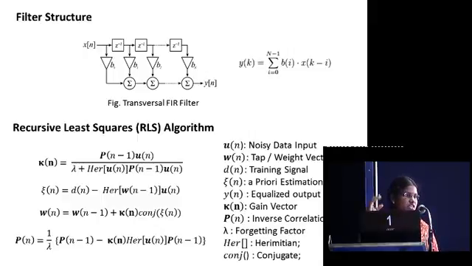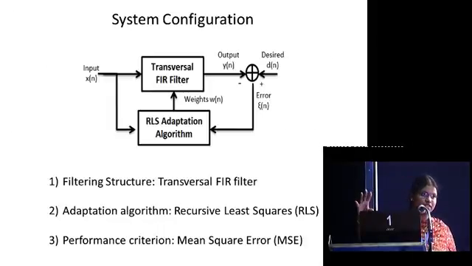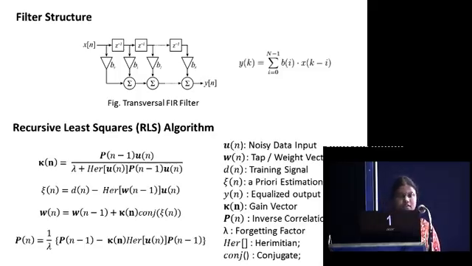That is the filter structure, that is the upper block. If you see the lower block, which is the adaptive algorithm, here I have used the recursive least squares algorithm.